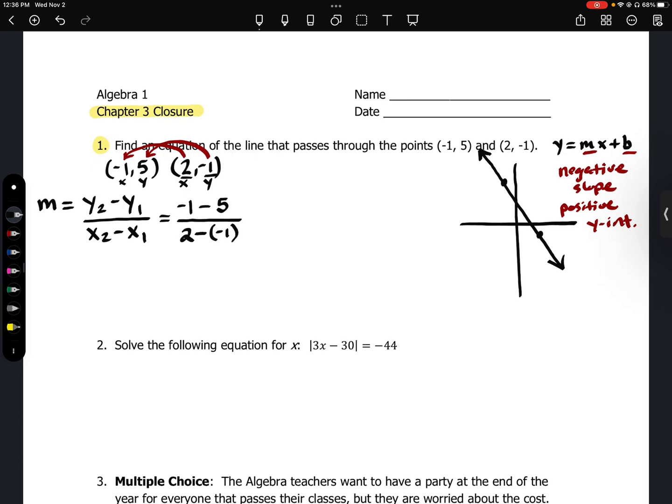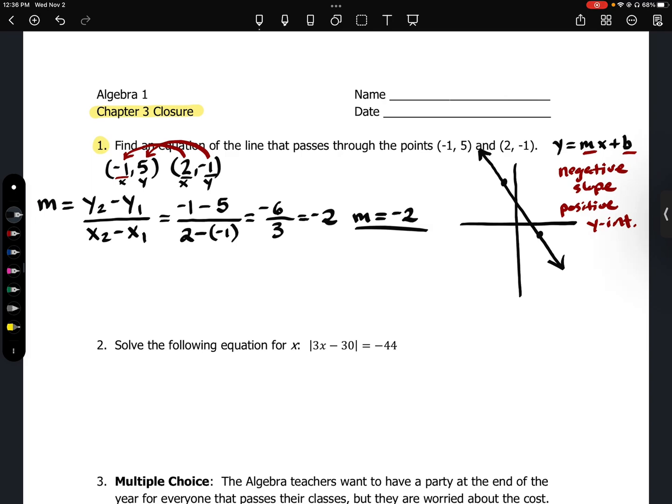So be careful on the bottom, right? Because I see a lot of times people lose a negative when they have a negative coordinate. So it should be 2 minus -1. When we simplify, we've got -6 over 3, which gives us -2. So our slope is equal to -2.